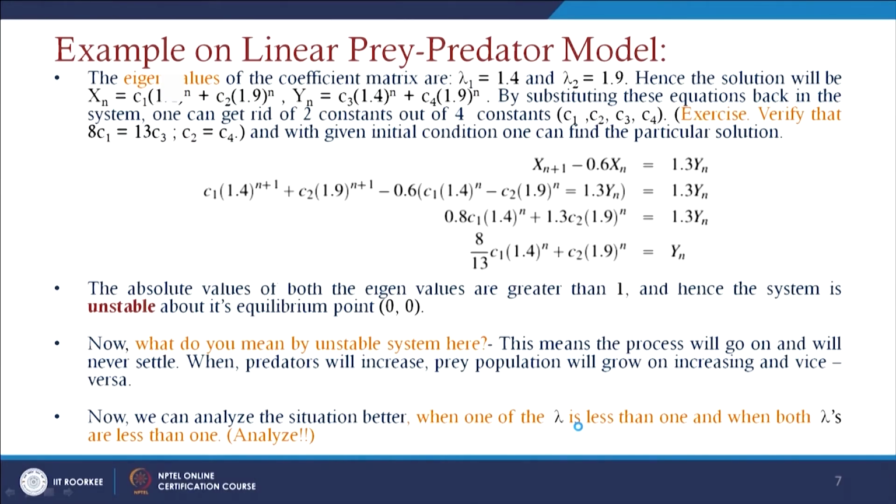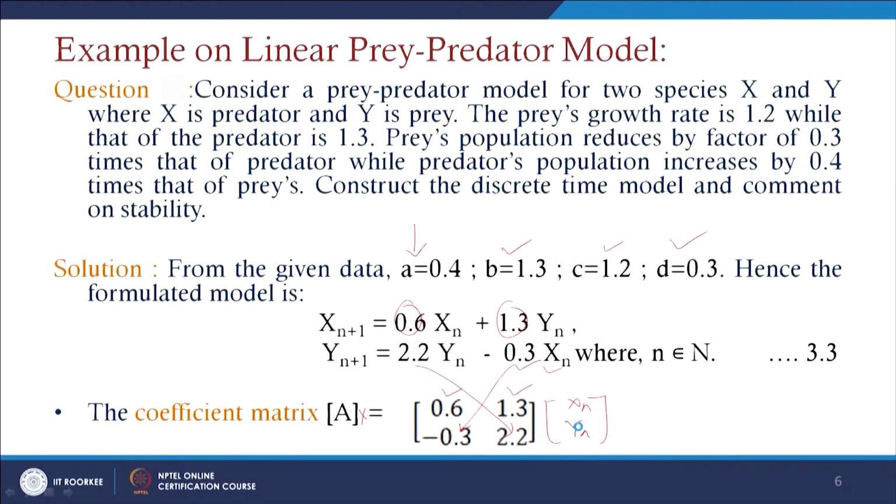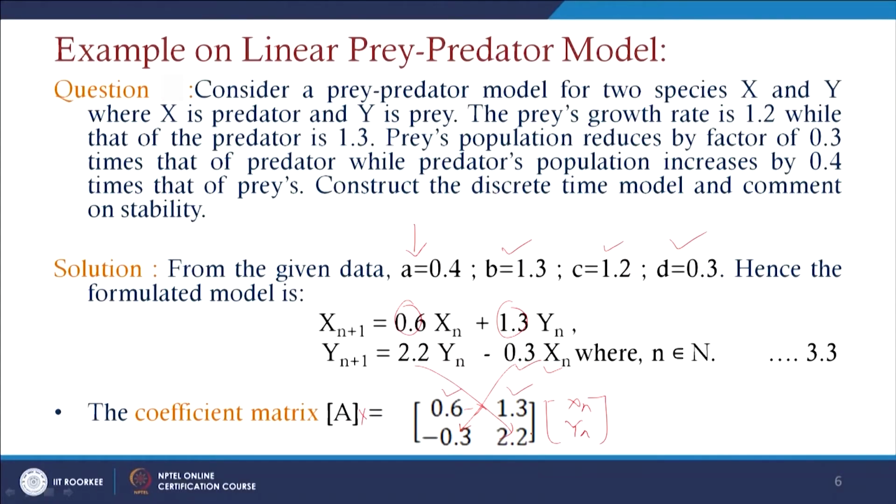To get the eigenvalues of this coefficient matrix, we have to solve this system, that is A minus lambda I equals 0. So you can put here 0.6 minus lambda, 2.2 minus lambda, and find the determinant. Especially we can write this as nothing but A minus lambda I equals 0 here. Then we can write this as the determinant of 0.6 minus lambda, 1.3, minus 0.3 and 2.2 minus lambda, equals 0.